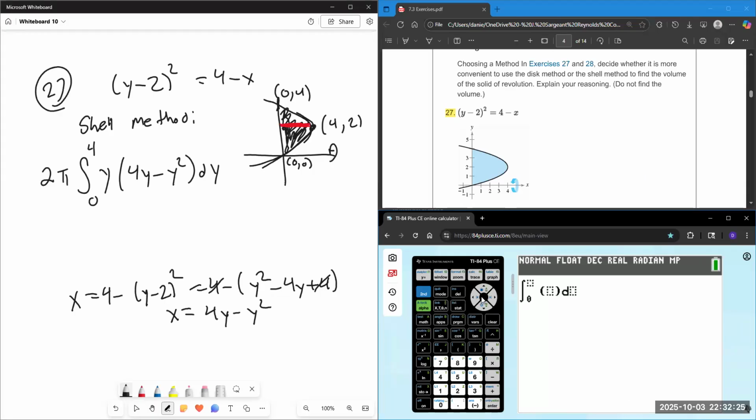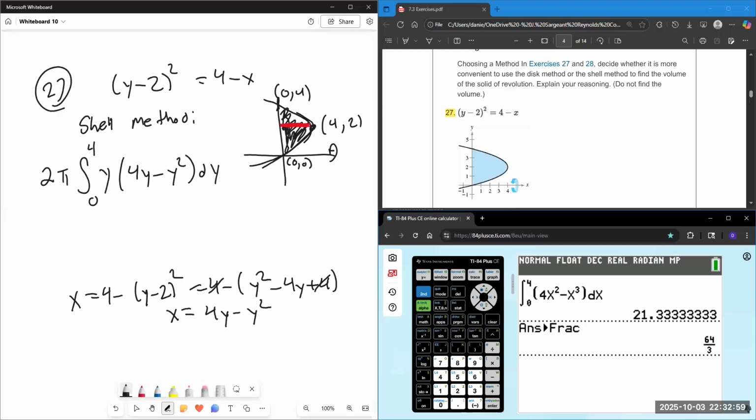Integration 0 to 4 of 4x squared minus x to the third. Once I distribute that y through, it's 4y squared minus y cubed dy, and math, answer to fraction.